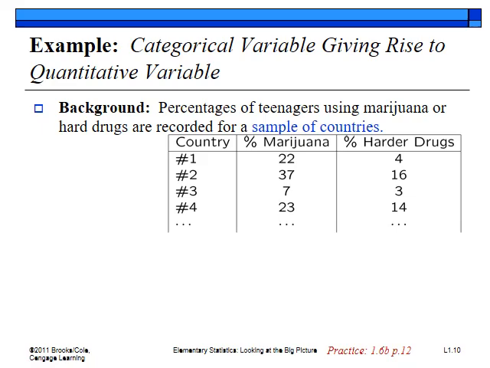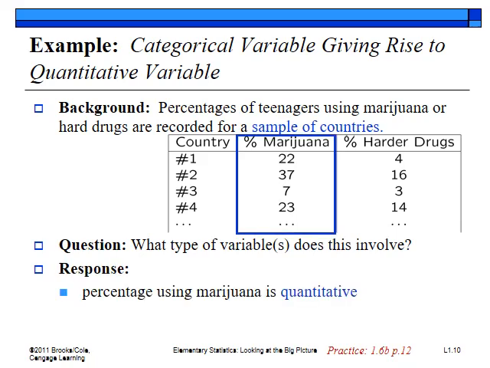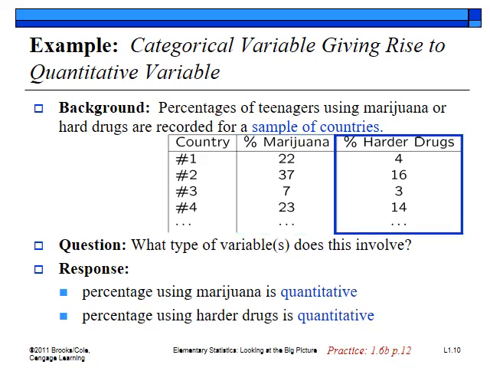And for each country, what is being reported is the percentage of teenagers using that drug. So the percent of teenagers using marijuana in each country is quantitative. That's reported numerically. The percent of teenagers using harder drugs is quantitative.